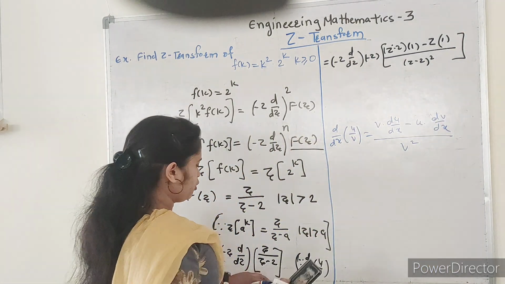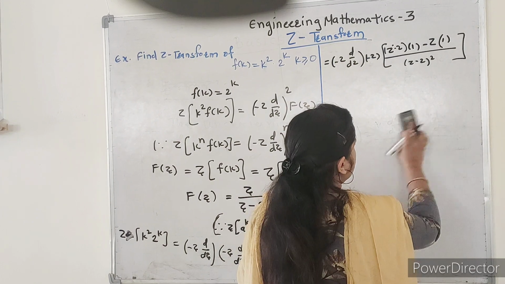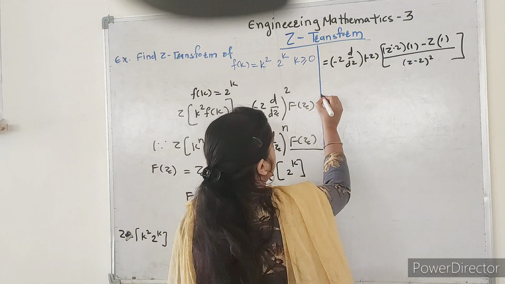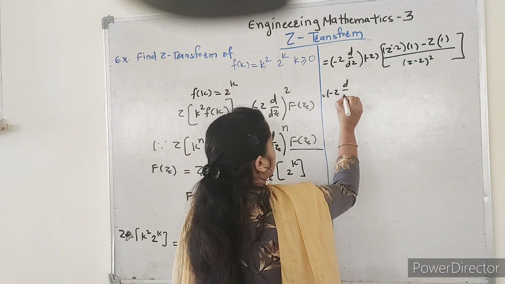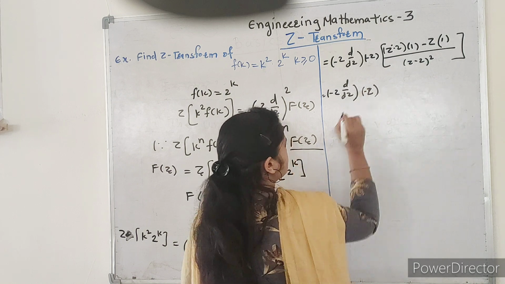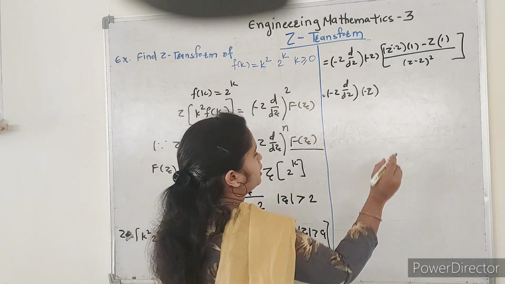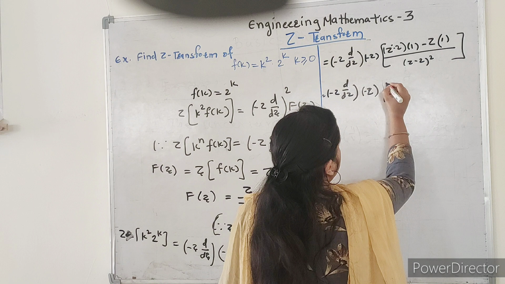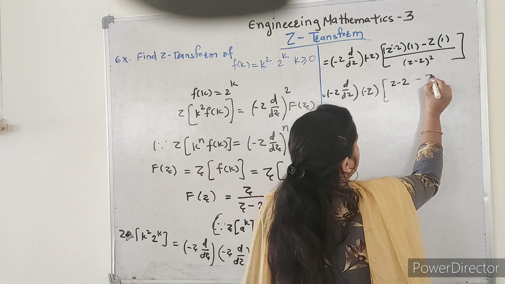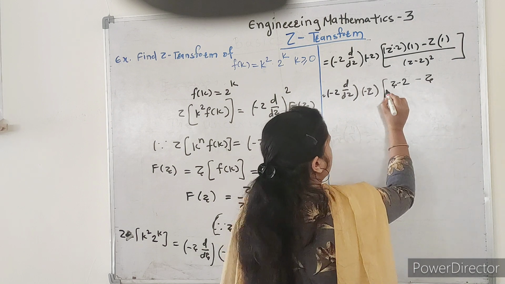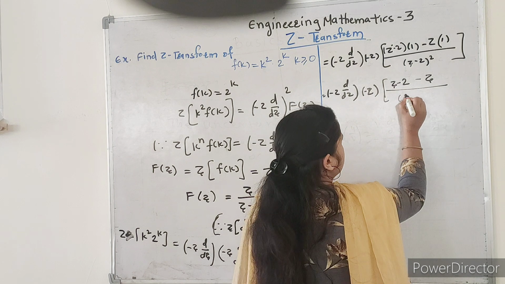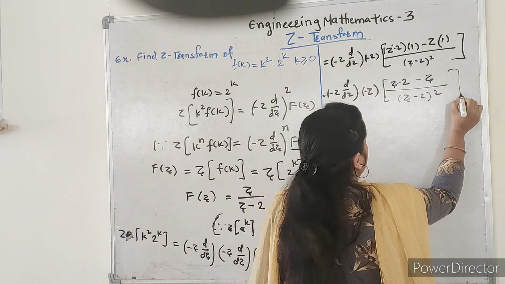This is the derivative of z upon z minus 2. Next, minus z into d upon dz as it is. This is minus z as it is. Next, here we get z minus 2 minus z upon z minus 2 square.